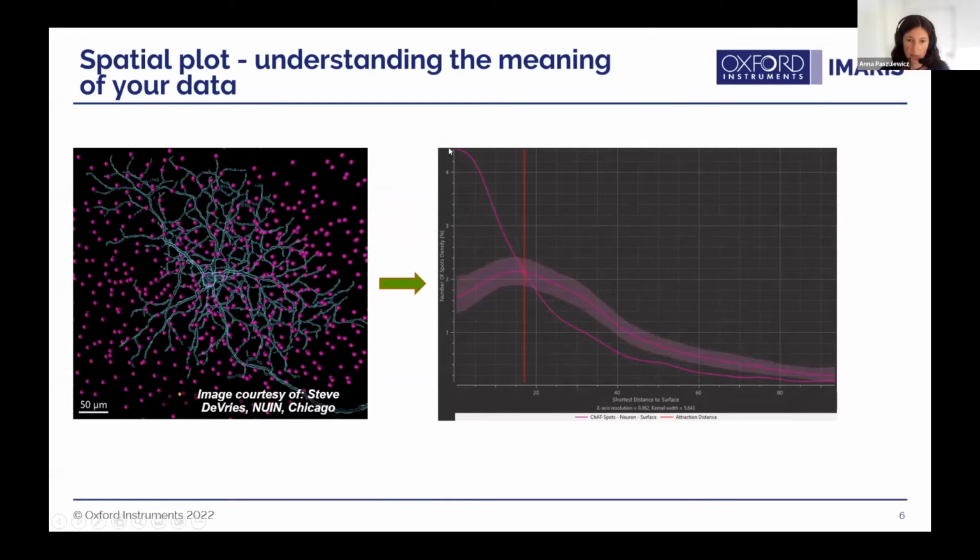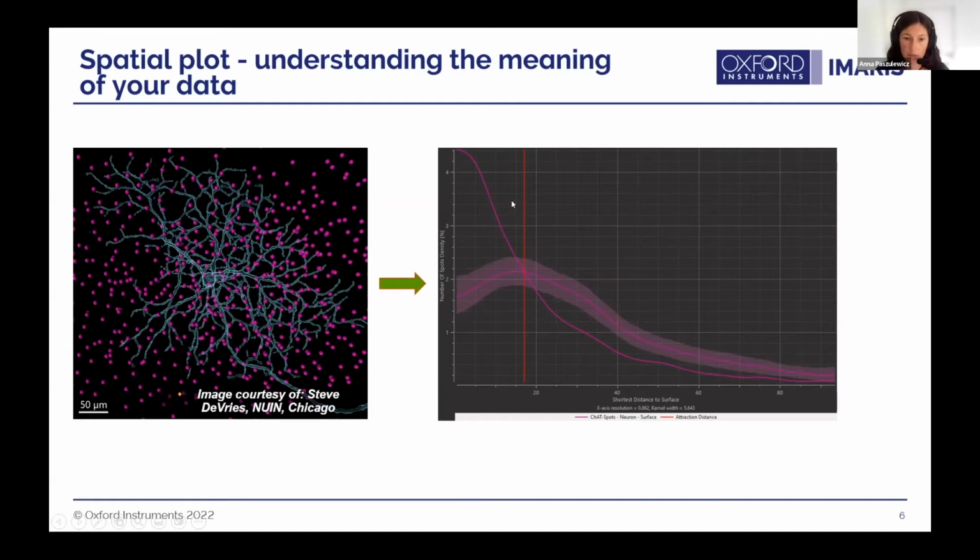So here you can see the distribution of our observed amacrine cells, but at the same time, Imaris presents the distribution, the total random distribution of spots around the retinal ganglion cell. So now you can compare the distribution of the real amacrine cells to the completely random distribution.